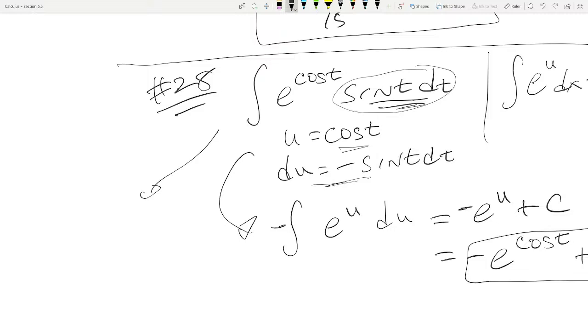Okay, so what I would say to myself is, I want to find the antiderivative of this, but I know if I had something and I took the derivative and I got back to this, it'd have to have an e to the cosine t in it. It just would have to, because when you take the derivative of e to the cosine t, you get it back again. So I kind of guessed that, right? In my mind, I'm saying, okay, well, it's got to have a cosine t.